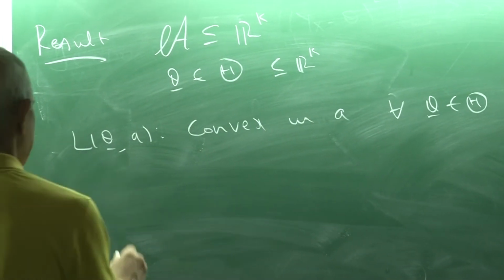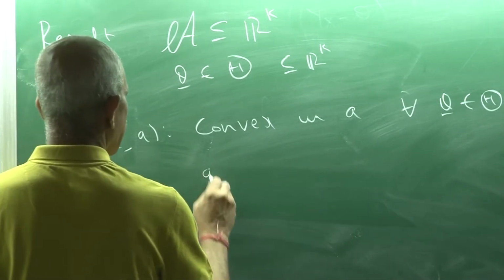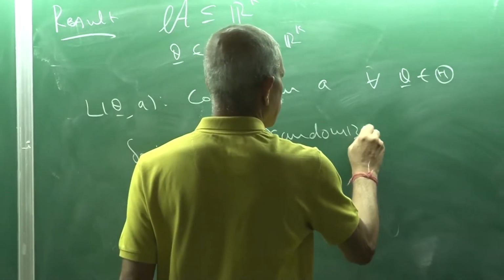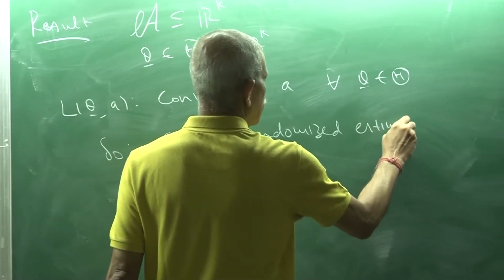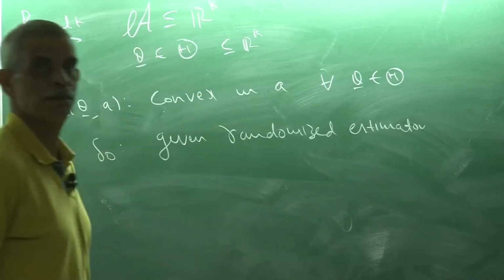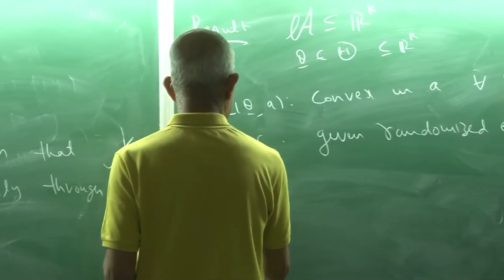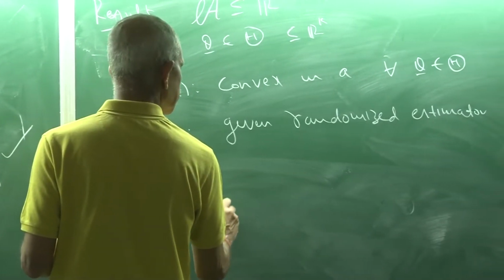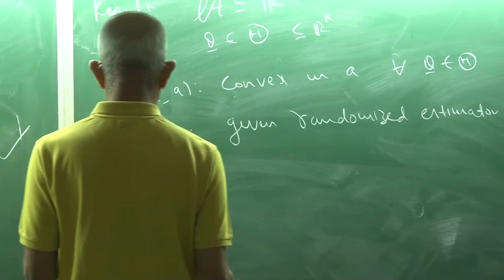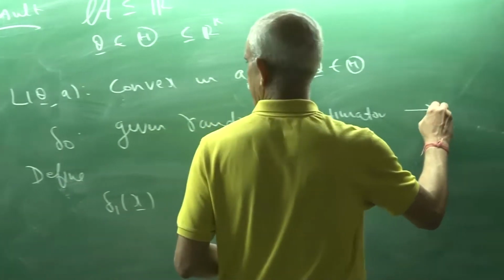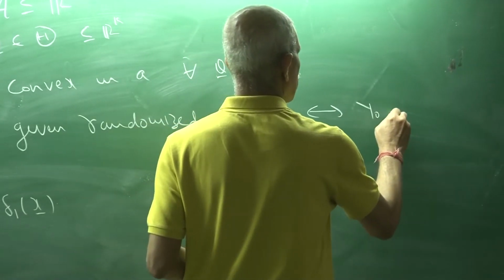Delta naught is a given randomized estimator, and suppose the corresponding random variable is Y naught of x.